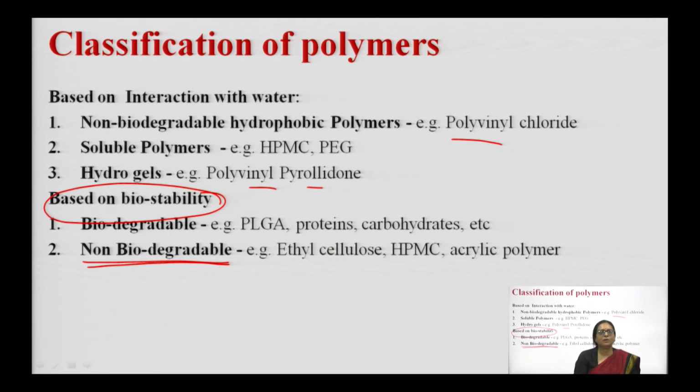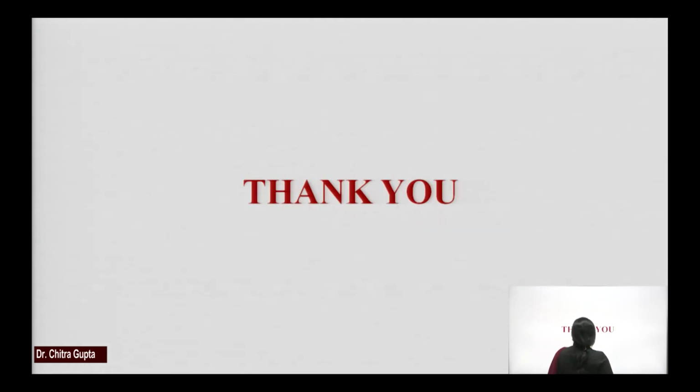So, biodegradable polymers are exemplified by PLGA and all natural polymers, whereas non-biodegradable polymers are semi-synthetic and synthetic polymers like ethyl cellulose, HPMC and acrylic polymers.